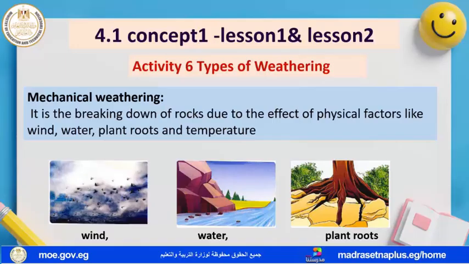What is the definition of mechanical weathering? It is the breaking down of rocks due to the effect of physical factors: wind, water, plant roots, and temperature. Look at these three pictures.